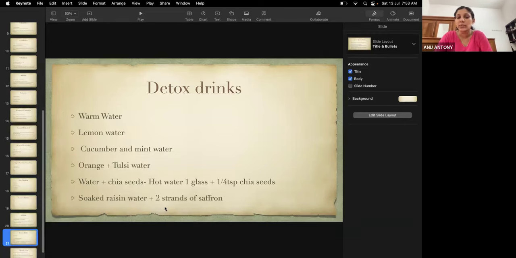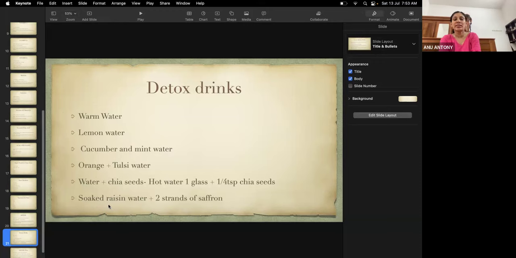Then soaked raisin water plus 2 strands of saffron. Here what you can do is take 10 to 12 black raisins, wash them properly, soak them well, and along with that you can soak 2 strands of saffron. Next day morning you can drink this. This will also help in reducing the heat in the body and also helps for clear skin.